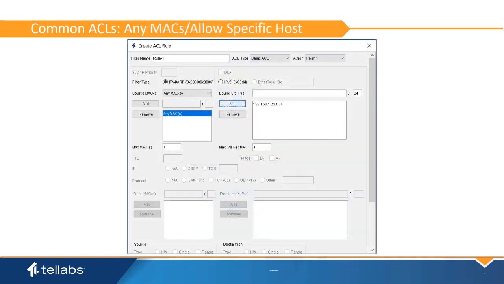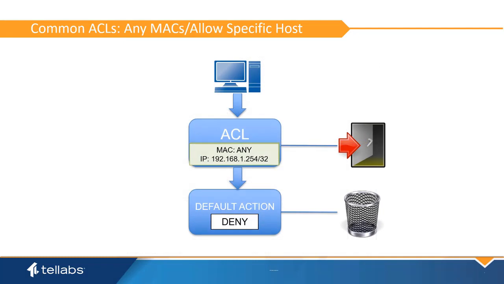It is possible to expand the basic ACL permit filter to also bind a source IP address or subnet to a given MAC address. If no corresponding MAC address filter is needed, the MAC address filter can be set to any MAC to allow the ACL to only permit a specific host access to the network. The bound source IP, when defined with the /32 notation, indicates that only that address is allowed.